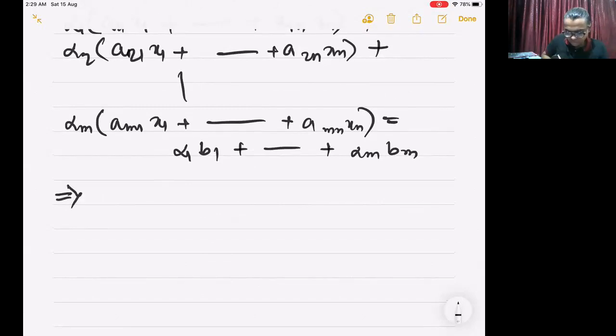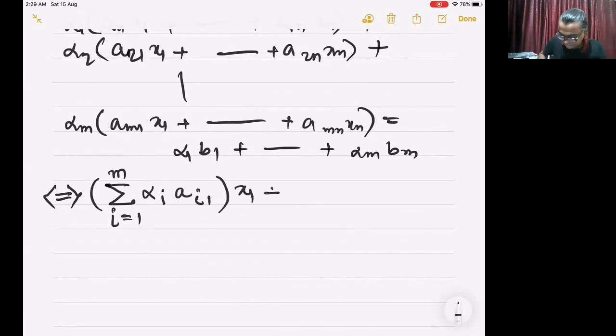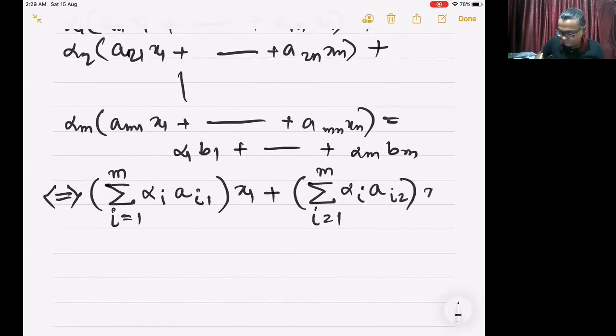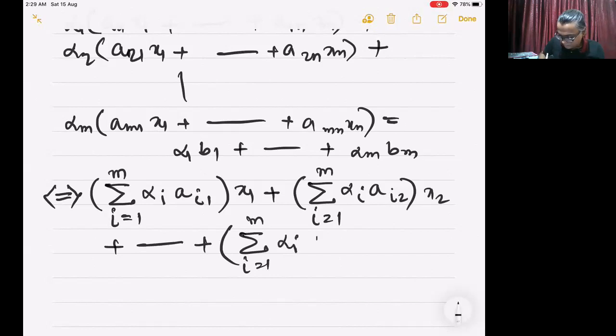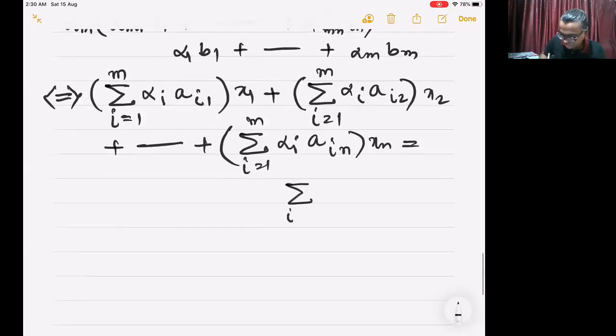This is equivalent to summation i going from 1 to m of alpha i ai1, this summation now into x1, plus summation i going from 1 to m of alpha i ai2 into x2, plus dot dot dot plus summation i equals 1 to m of alpha i ain into xn, equals summation i going from 1 to m of alpha i bi.